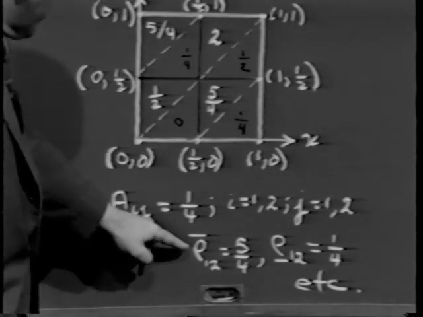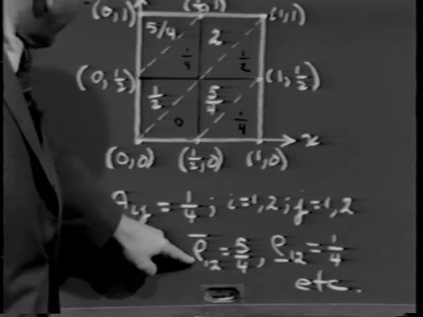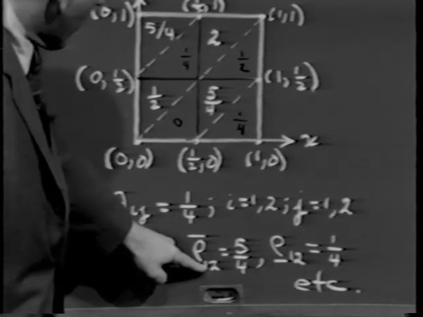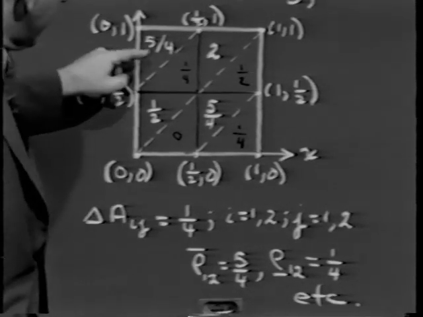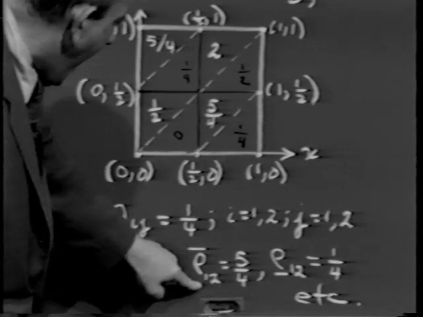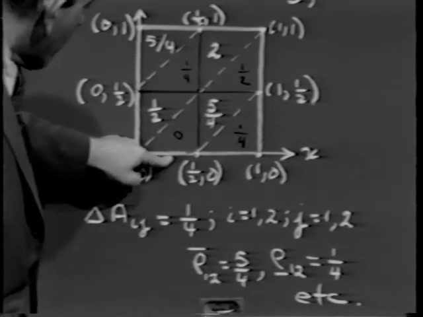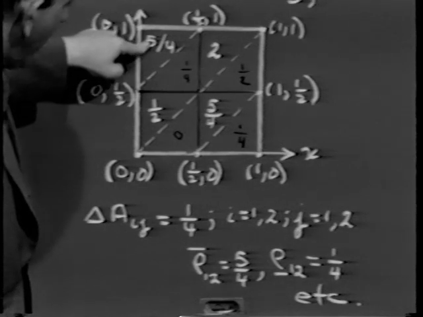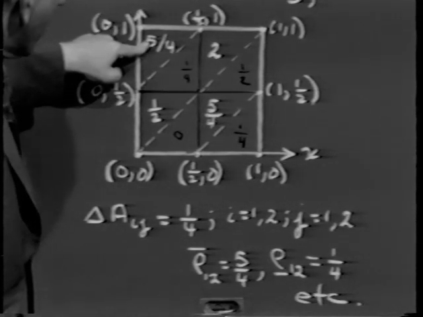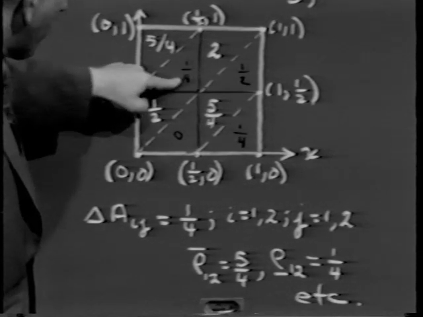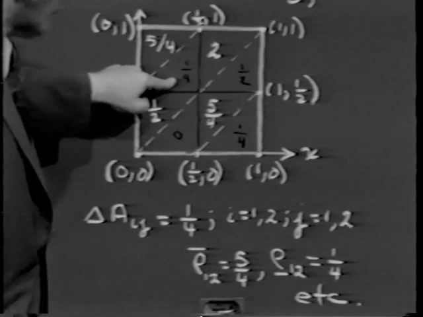For example, the maximum density in the first row, second column, well, I'm reading these the wrong way here, the ijth, first row, second column up this way is 5/4. The minimum density in that same quadrant is 1/4, etc.